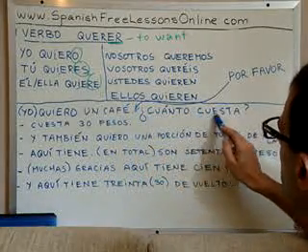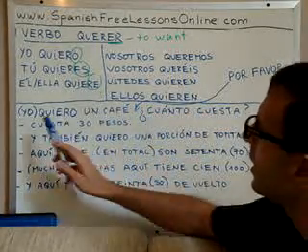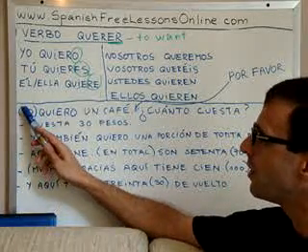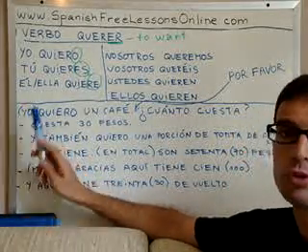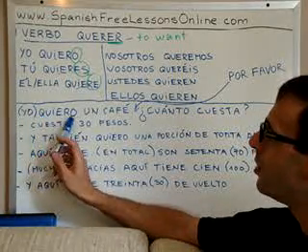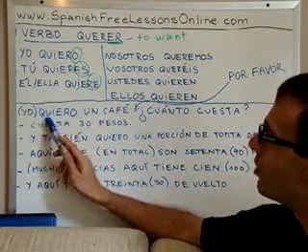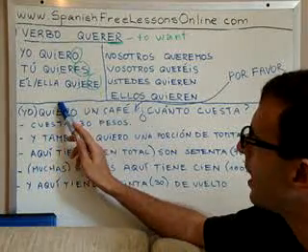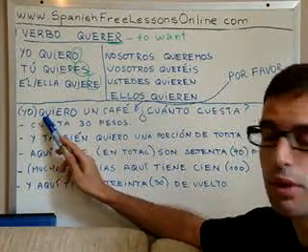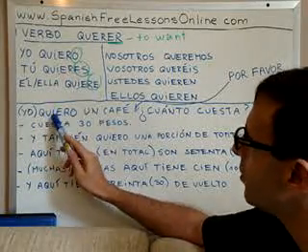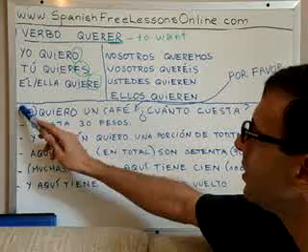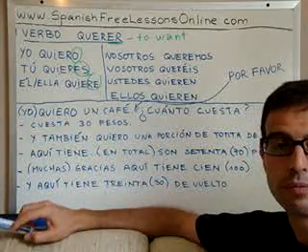¿Cuánto cuesta? As usual, we can omit the yo, the subject I, because the conjugation of the verb already implies and shows that this is for the first person of the singular, quiero, you see, we can see it's yo. Then we don't need to say yo.